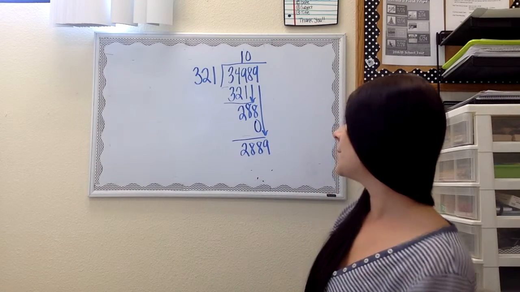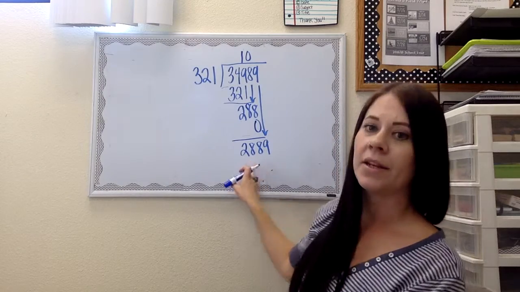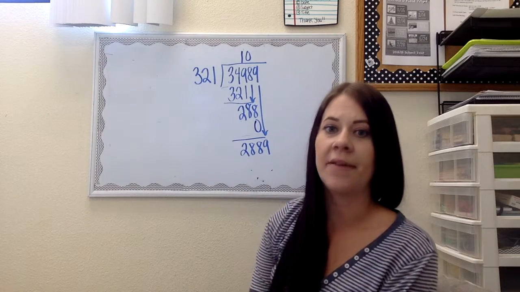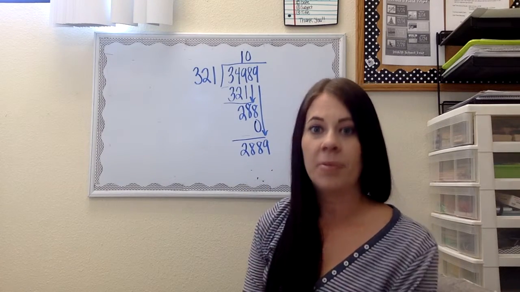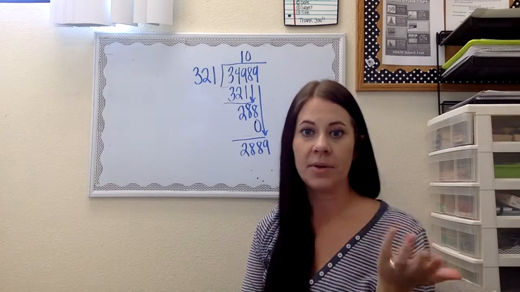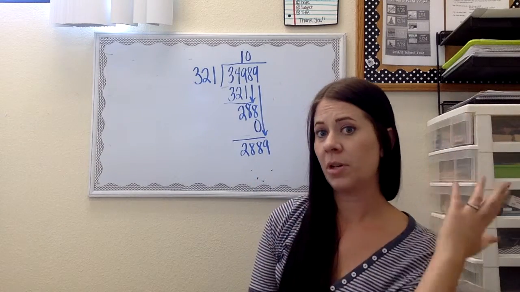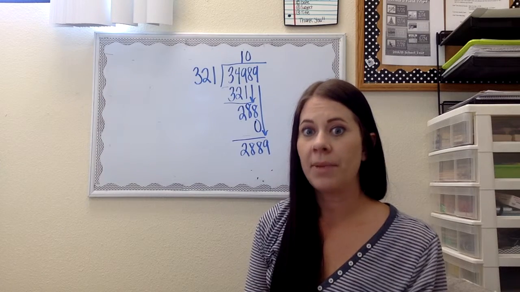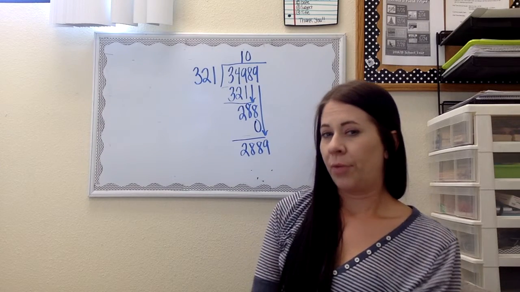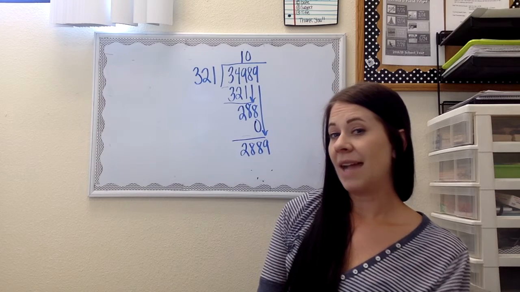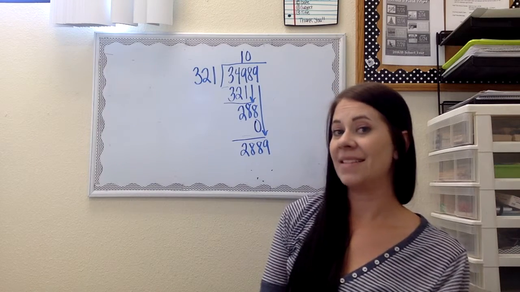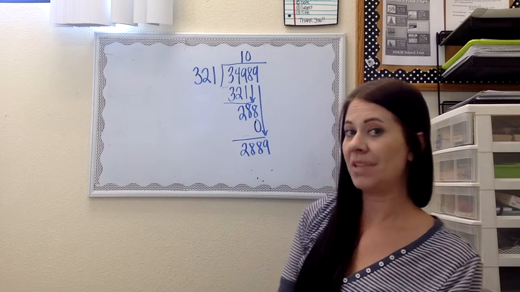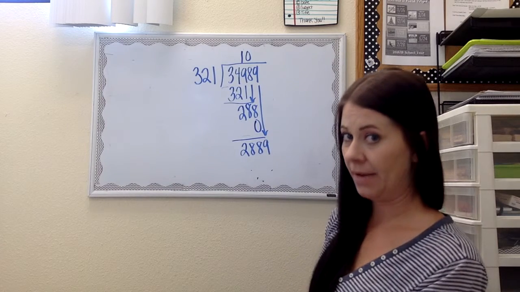Okay, so now we're doing 321 into 2,889. And I'm just going to have to use my number sense and try to guess and get close. And if that involves doing 4 multiplication problems, then that's what I have to do. So here's where my brain's going. 321 times 10 would add a 0 to that 3, so it would be 3,210.